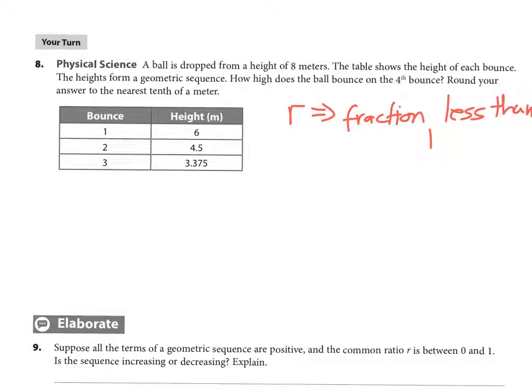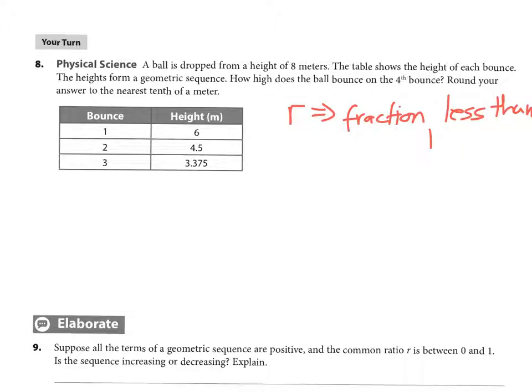Think about it in terms of linear: if something's going down, it has a negative slope; if it's going up, it has a positive slope. When we're talking about a geometric, or an exponential function, as we'll learn later on, if it's going down, r has to be a fraction value. If it's going up, then it's something greater than 1.